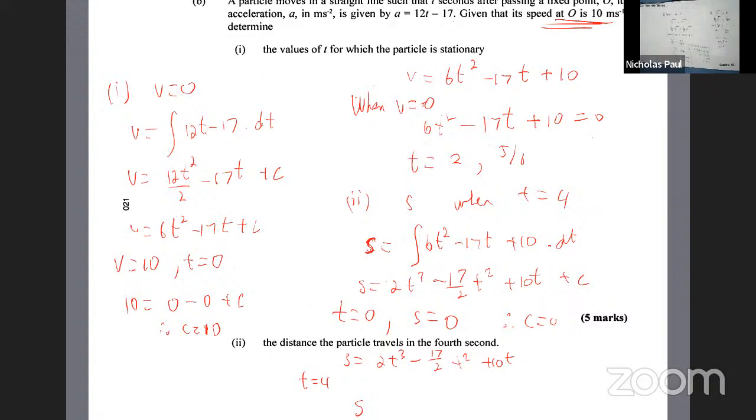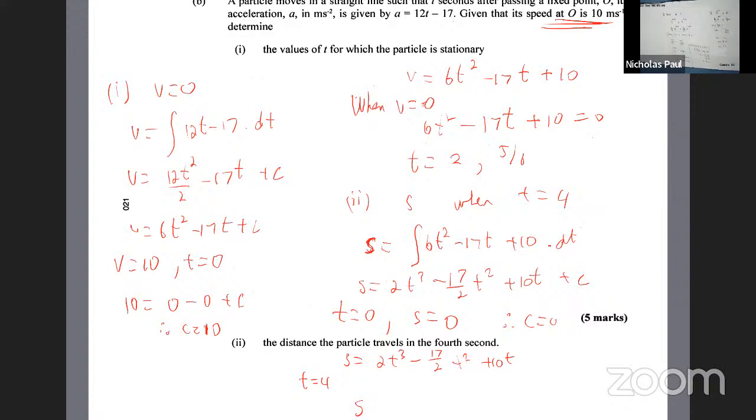What did you get for s? Check it again. Anybody else online got 32?